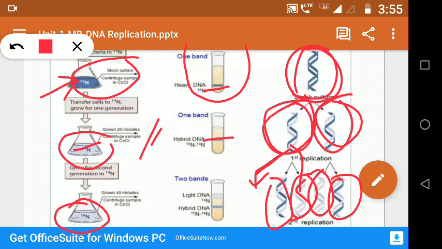So when they extracted the DNA and performed the centrifugation experiment, they had one band corresponding to hybrid DNA and another band corresponding to light DNA. So these results show that DNA replication is a semi-conservative model of replication.